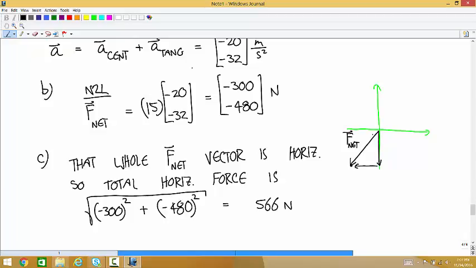So in order for him to deviate from moving with a constant speed in a straight line, this one's 300, this one's 480. He needs a force of 300 newtons acting towards the center of the circle to keep him turning in that circular path, and he needs a force of 480 newtons tangent to the path in order to make him speed up that much.